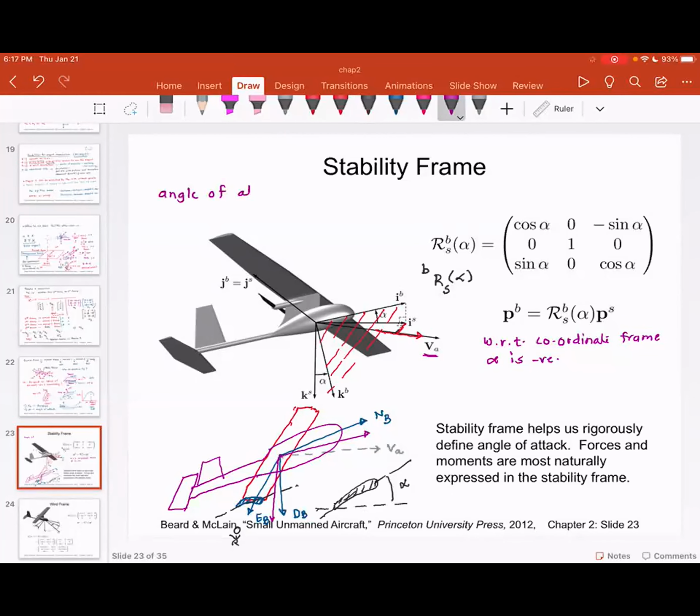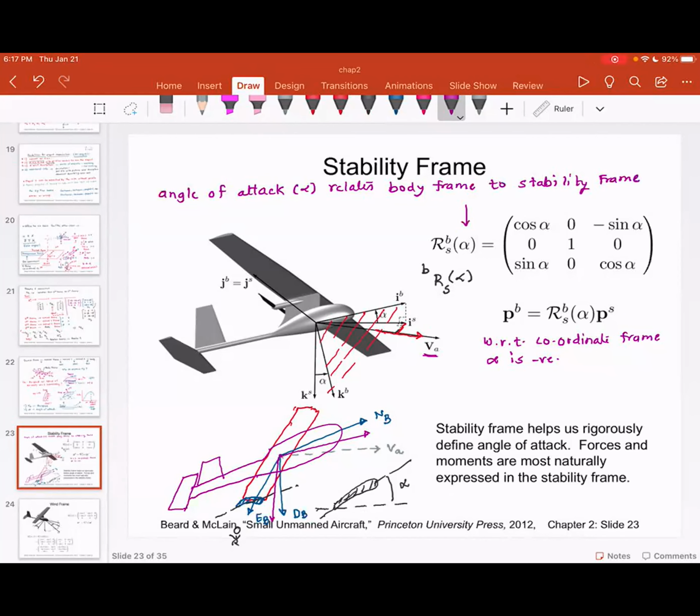So this angle of alpha, angle of attack, alpha relates body frame to stability frame. And the rotation matrix that governs this transformation is shown over here. And that is actually an important observation.